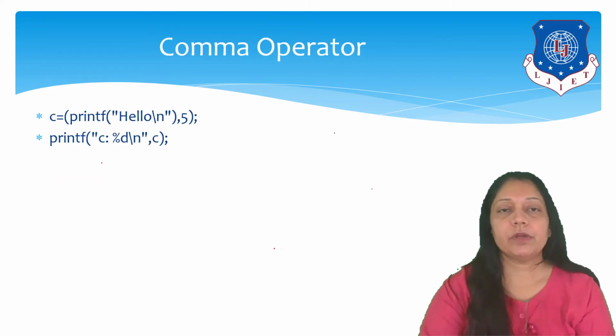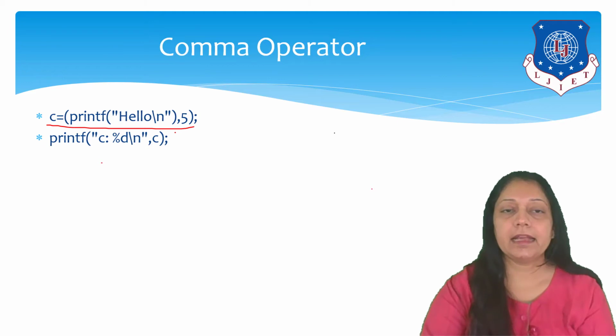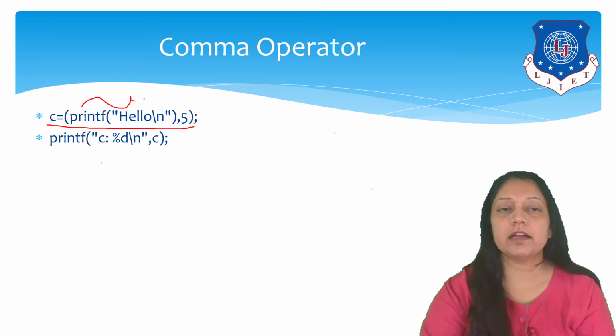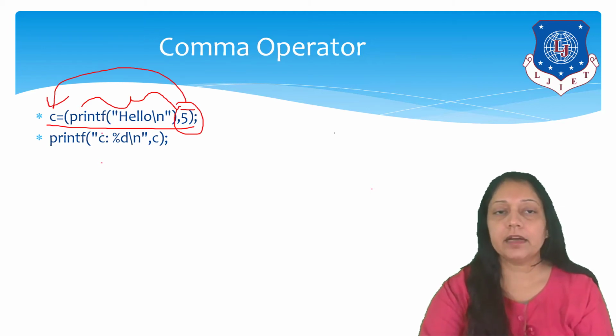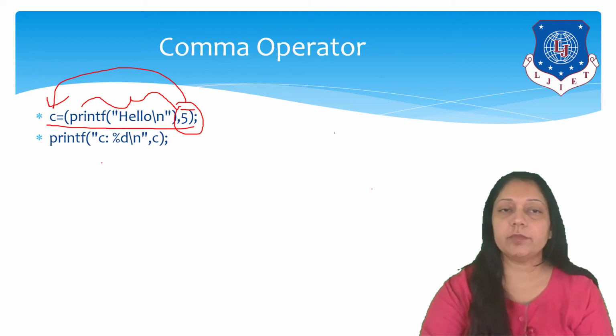Let's see one more example of a comma operator. Now I have written a statement c equal to, in brackets, two parts. The first part is printf hello and the second part is only the value 5. So I have two parts in this particular bracket. It means the rightmost value, 5, would be stored inside c. But before storing the value 5 inside c, the first part will be executed by the compiler.